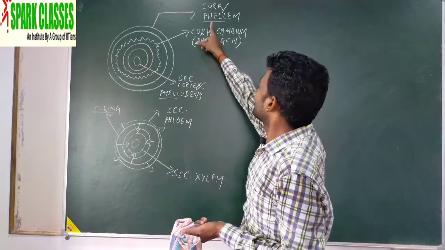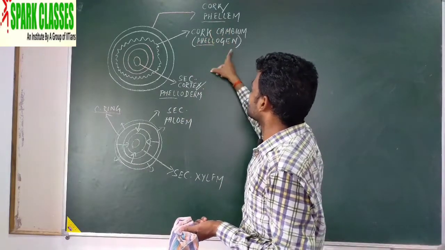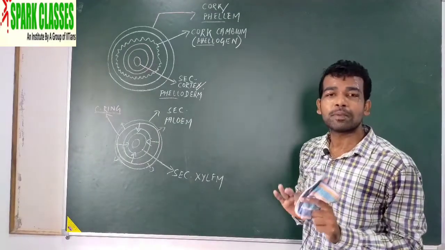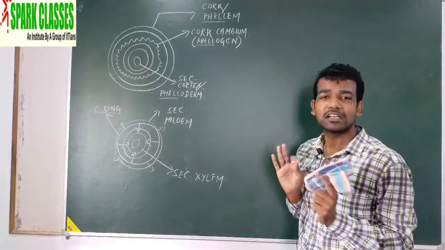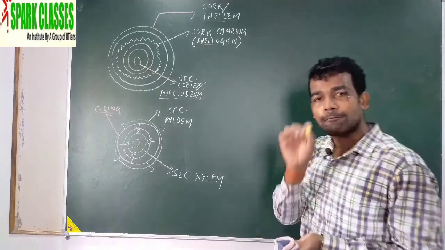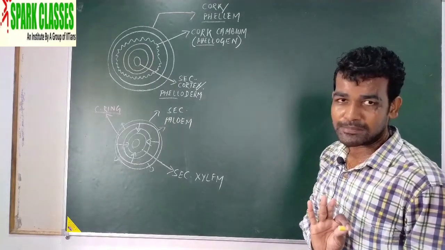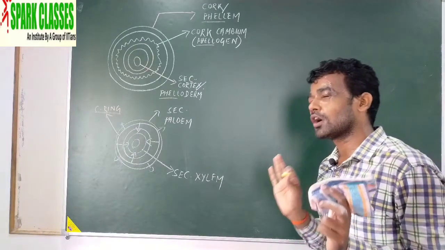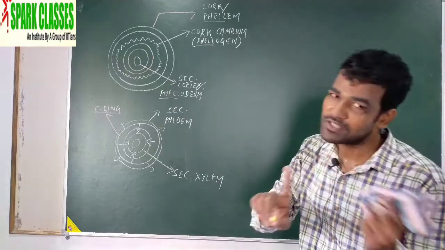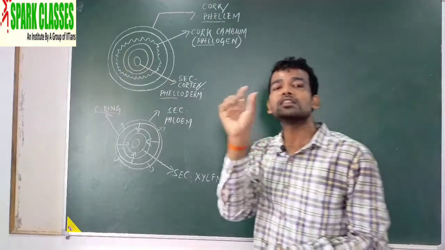Which one is phellem, which one is phellogen, which one is phelloderm? There is confusion. Remember, when this type of word comes, everything is given in your options. In NEET there is no subjective, so everything is given in the option.